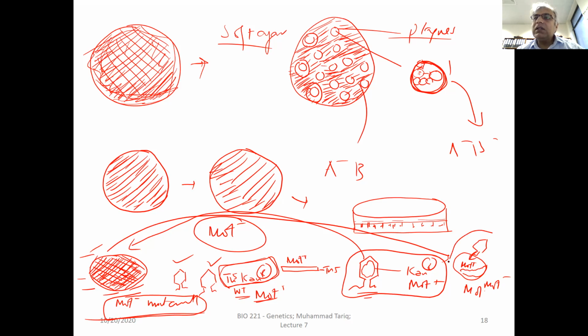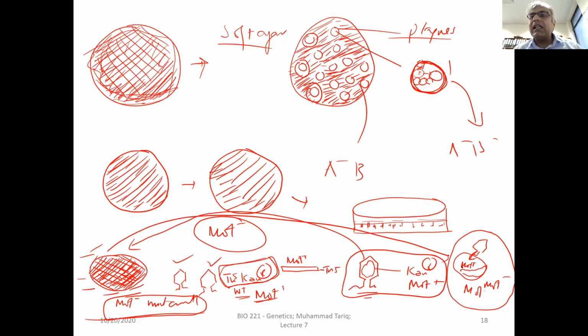Now, this bacteria will be able to move. Soft agar, and all the others which are mot minus in the lawn, they are not able to move.